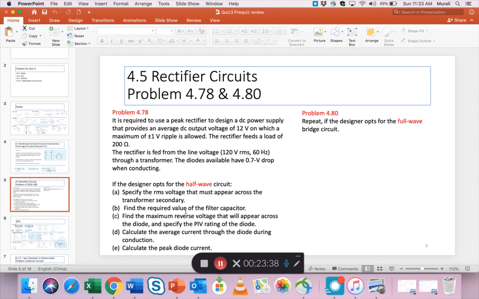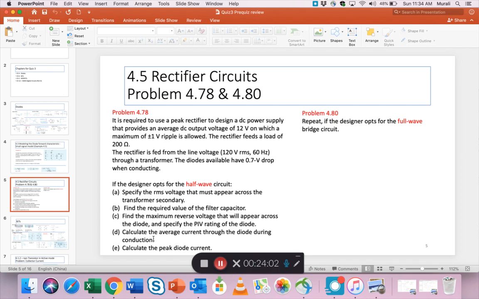Then find the maximum reverse voltage that will appear across the diodes. Well, it's one diode because it's a half wave circuit. And specify the PIV rating, the peak inverse voltage rating, which is different from the maximum reverse, right? I think you probably know that. Calculate the average current through the diode during conduction and calculate the peak diode current.